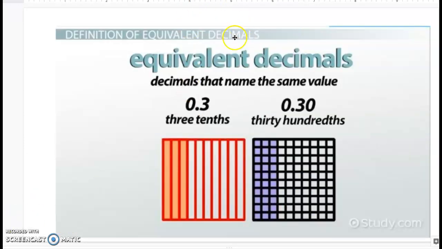The same thing holds true for visual decimals. Equivalent decimals are decimals that name the same value. 3/10 is the same as or equivalent to 30 hundredths.